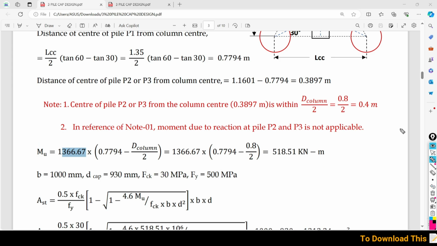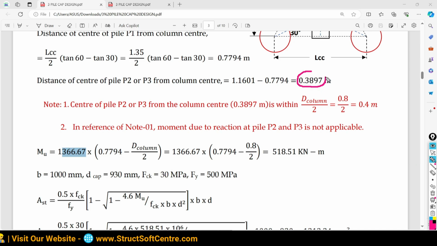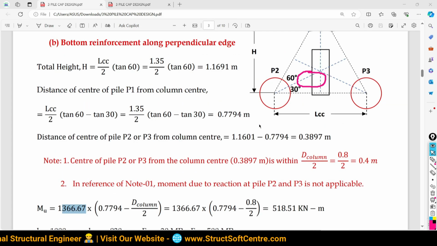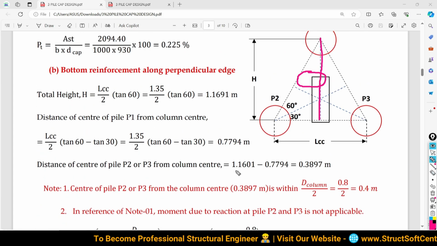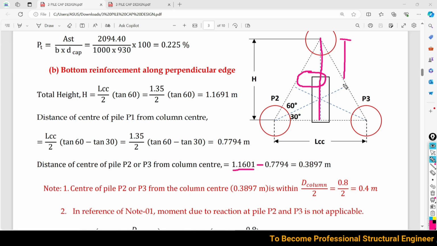But here what is given, try to understand that we skipped. So distance of the center of pile P2 or P3 from the column center, it is coming out to be 0.3897. What is this distance? Try to understand. We have calculated the total height, and total height is what? 1.1691 minus this height.